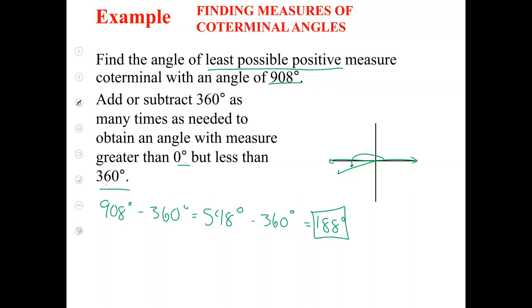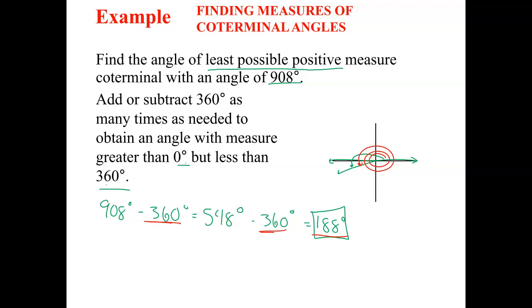So that means 908 was once around, twice around, and then back there. But they ended at the same place. Because I took away 2 rotations. That's how I know it's twice around, plus 188. Because I went 360 degrees, and then I went 360 degrees, and then I went 188 degrees. So I went once around, twice around, and then ended at our terminal side.